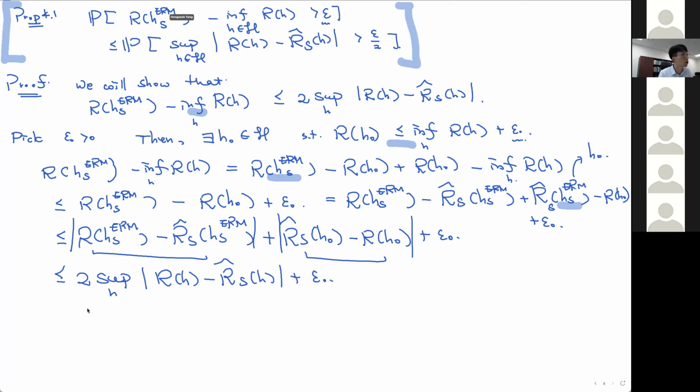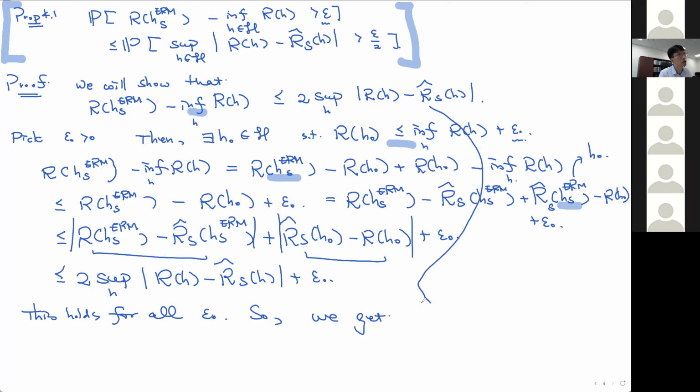And this is true for all epsilon 0, so for epsilon 0. So we get this inequality that we wanted to prove in the beginning. So that gives the proof of this.